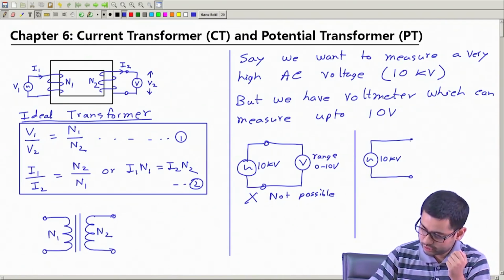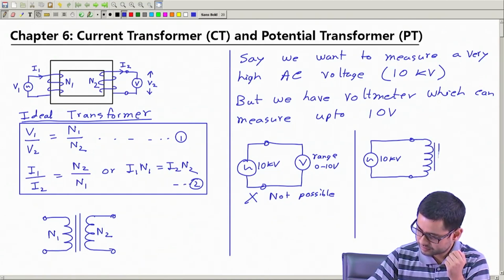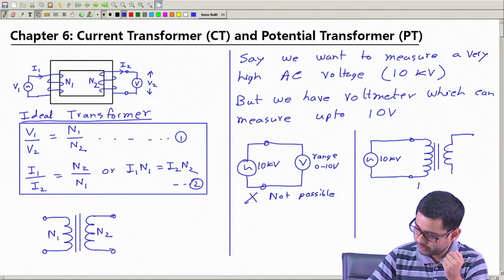So, we connect this to a step down transformer, where N1 and N2 are the number of turns for primary and secondary, with N1 by N2 equal to say 1000.